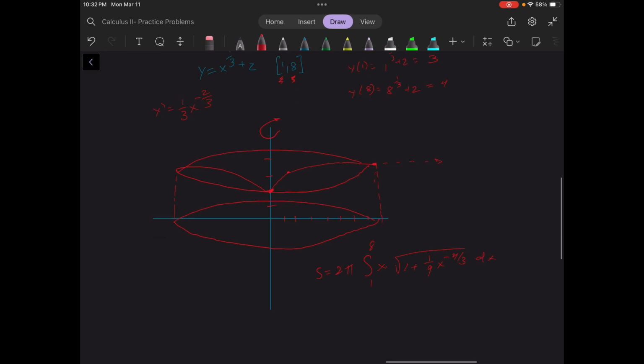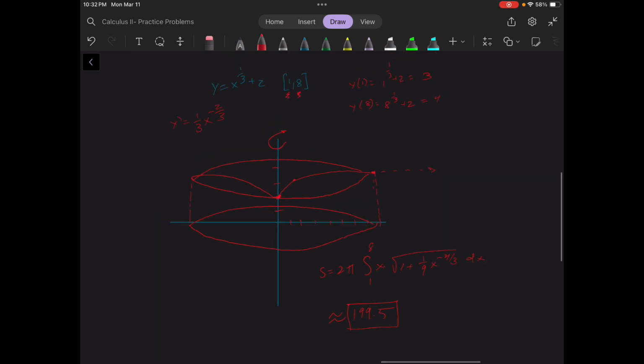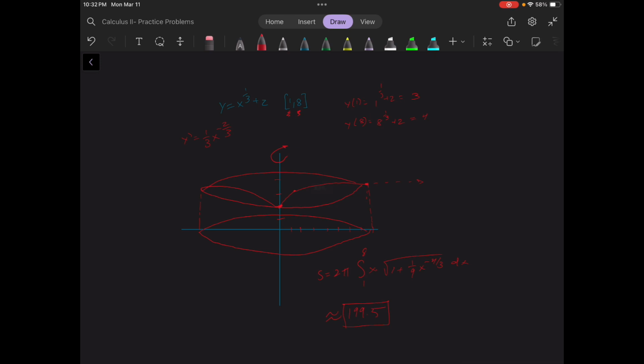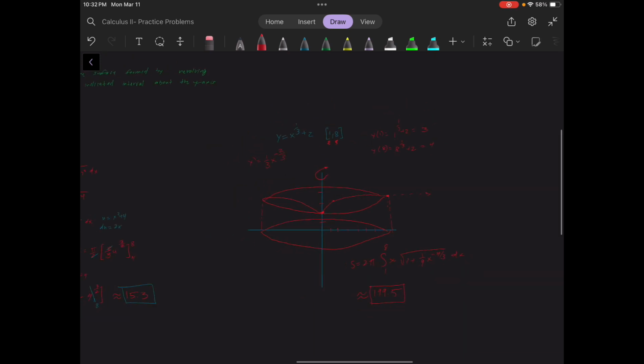So I'm not going to bother doing all of the algebra in that case, but it's just going to approximate to about 199.5. You can do all the algebra if you'd like, but I don't think it's worth it in this case. So that is how you find the surface area revolving a function around an axis.